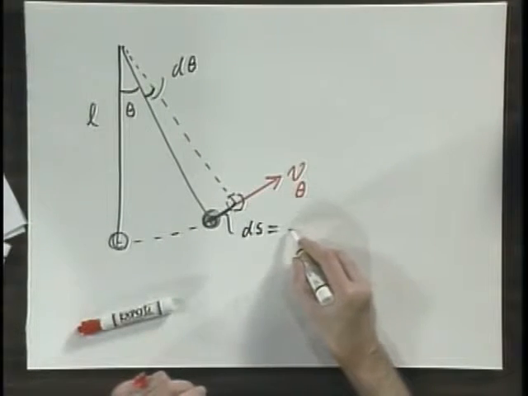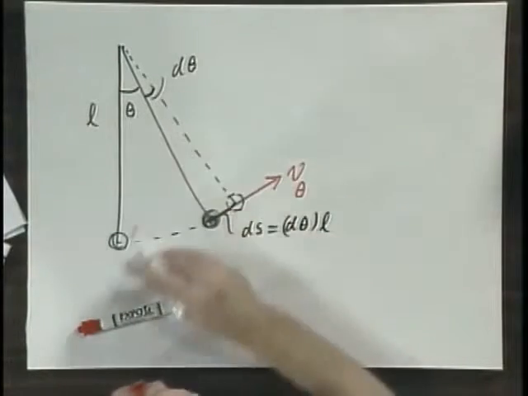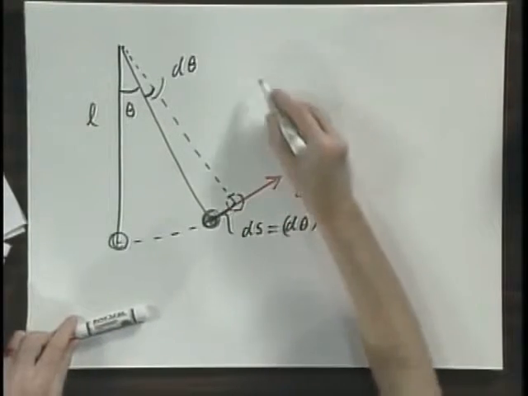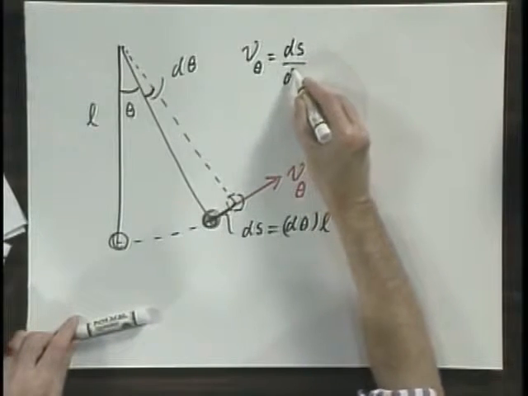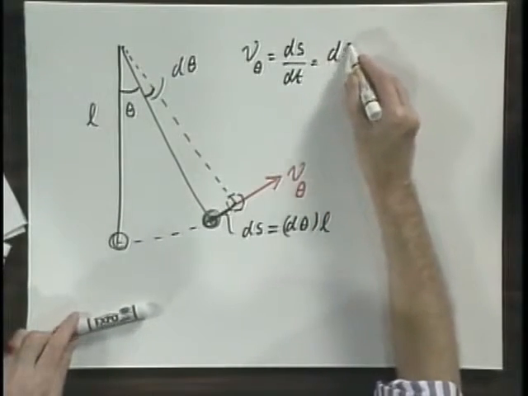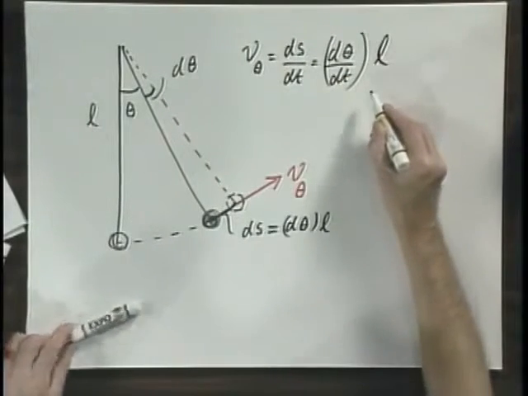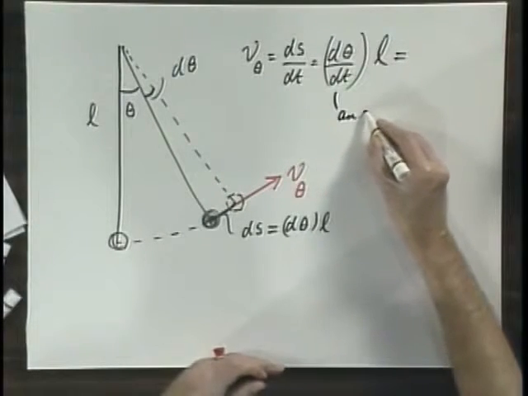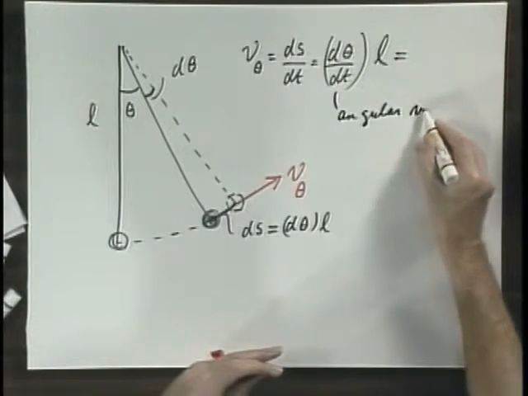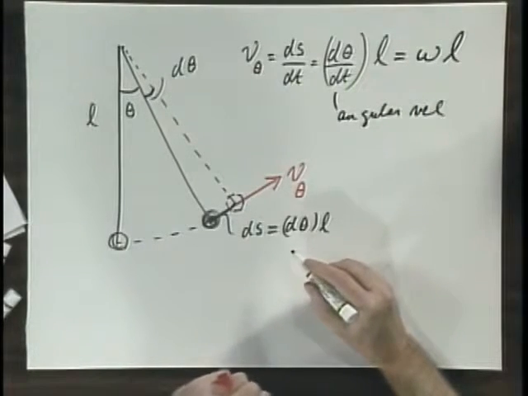That little arc ds is d theta in radians times the length L. So this velocity v theta, which is ds dt, becomes d theta dt times L. And this d theta dt, which is the angular velocity, is often called omega, and so this is omega L.